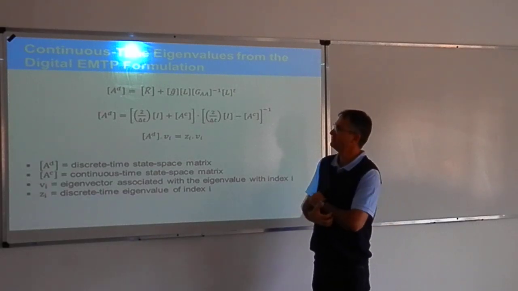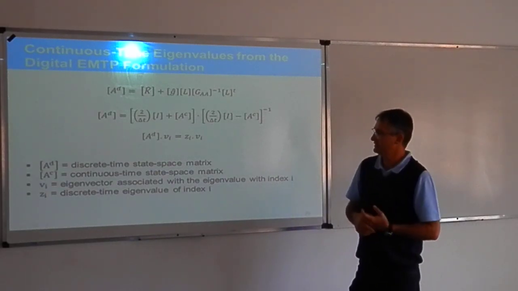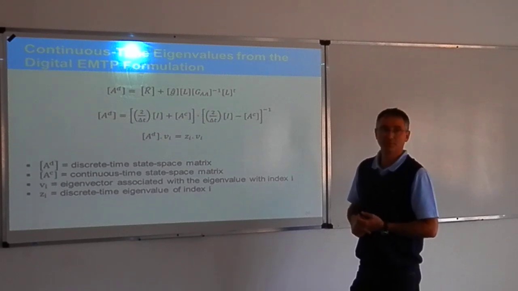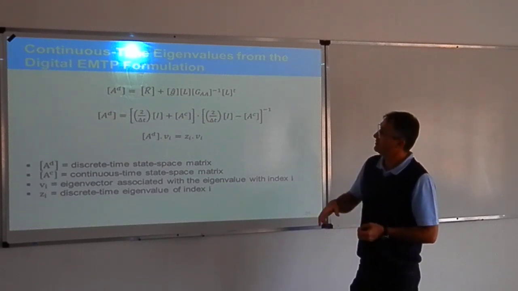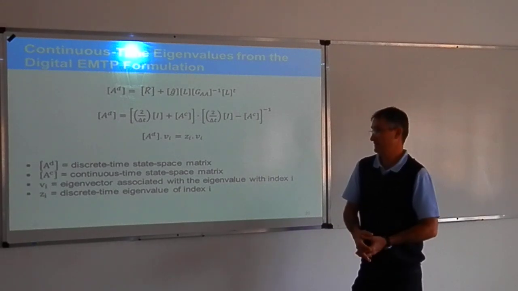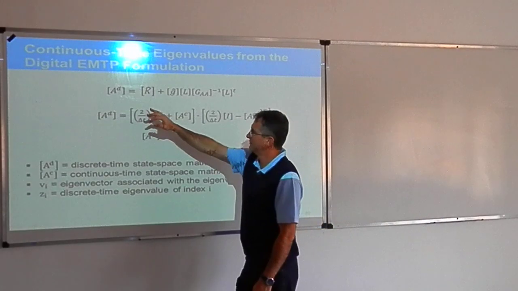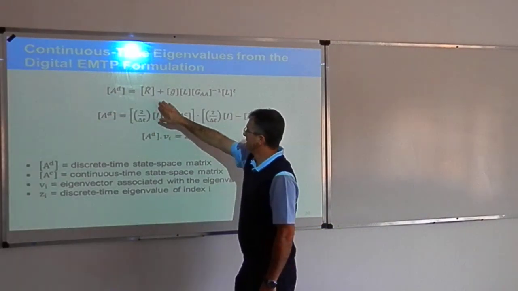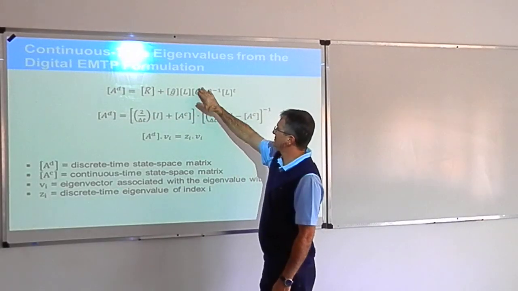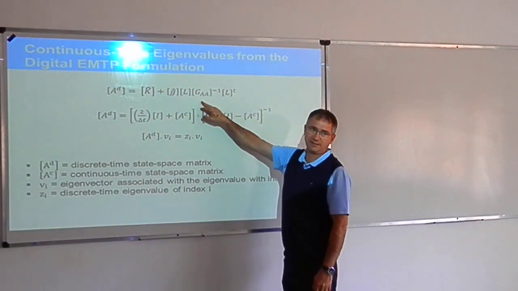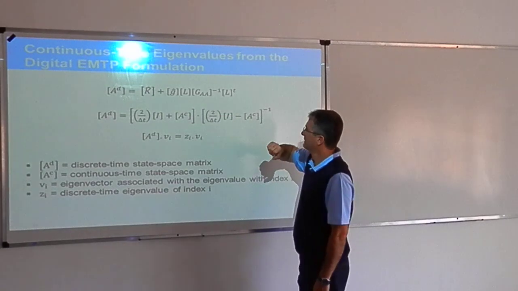So Dr. Holman developed his PhD thesis on this under Dr. Martin's supervision, and they came up with a very nice formulation for that. So you can get the digital state-space matrix using the combination of vectors that take into consideration the G matrix.